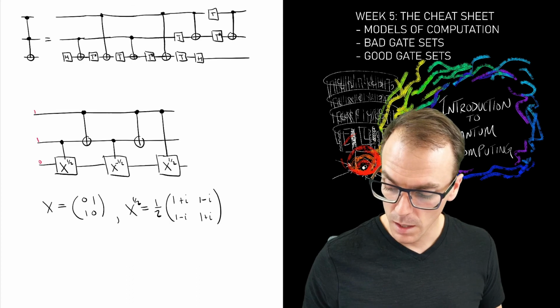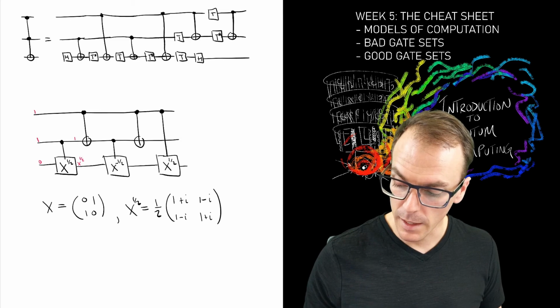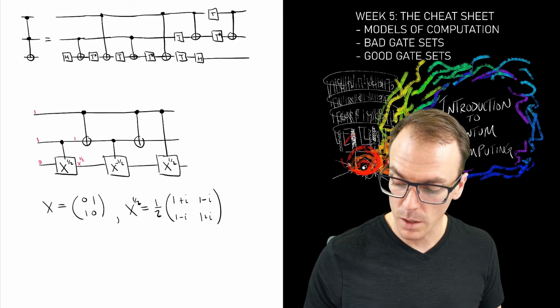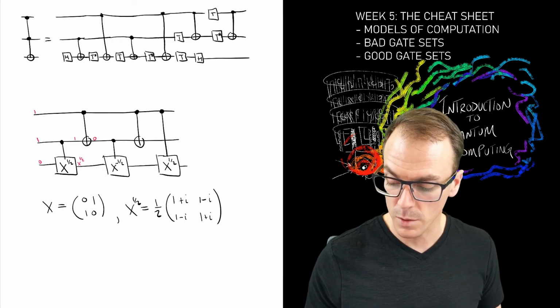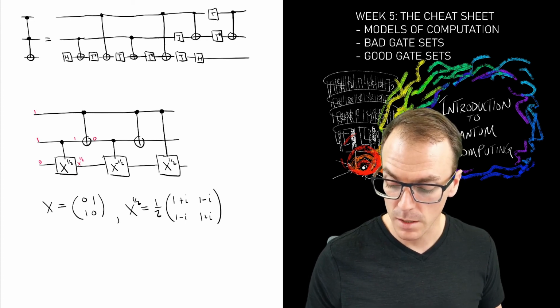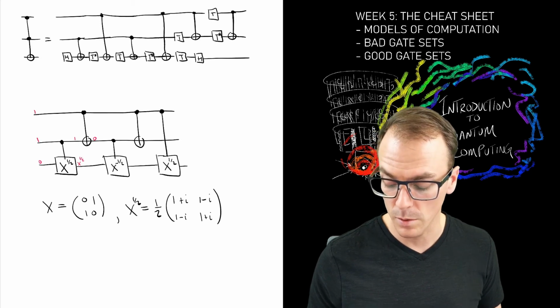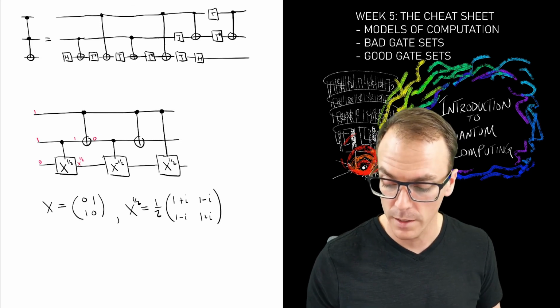So after this point here, this control is in 1, and I've applied an x to the 1/2. The first qubit is in 1, so now the second qubit flips to 0, in which case this x to the minus 1/2, the inverse of the square root of x, does not get applied.